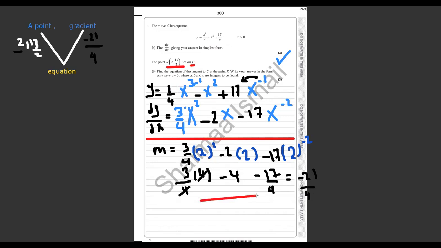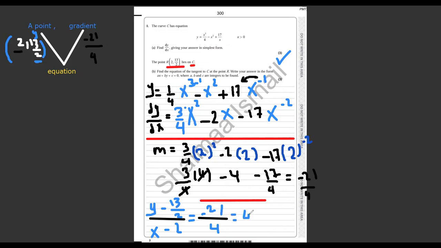So we say y minus 13 over 2, this is the y-coordinate of the point, over x minus 2, the x-coordinate, this would be equal to negative 21 over 4.